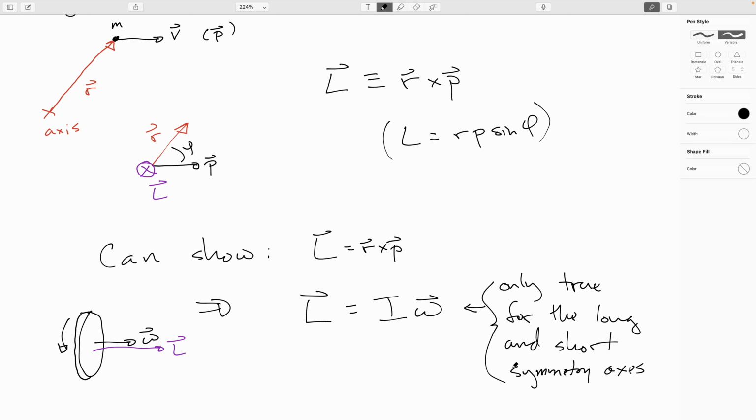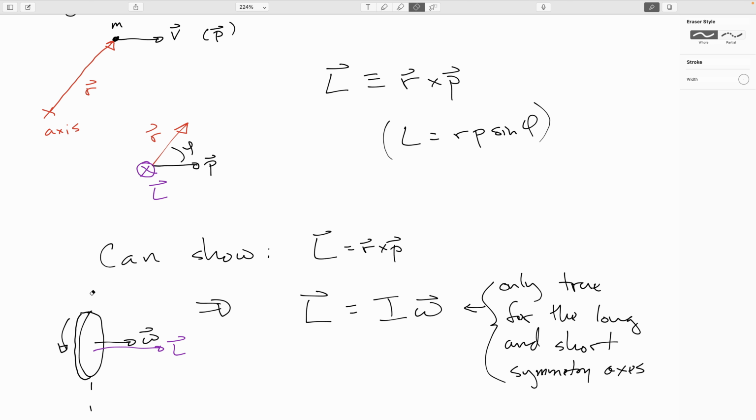For a frisbee, you could have also chosen, say, to spin it about this axis here, and you could do that anywhere along the rim of the frisbee as long as it goes through the middle. Those would all be long axes, and the usual way you throw a frisbee is the short axis.